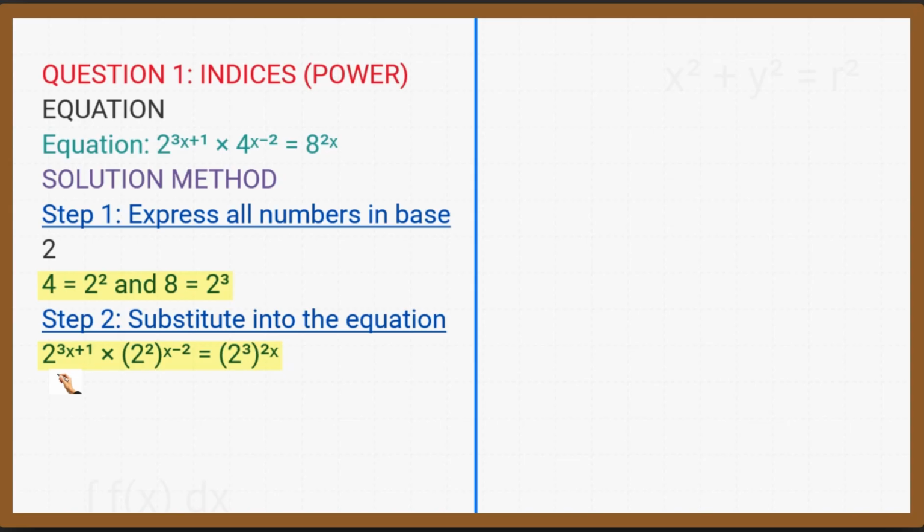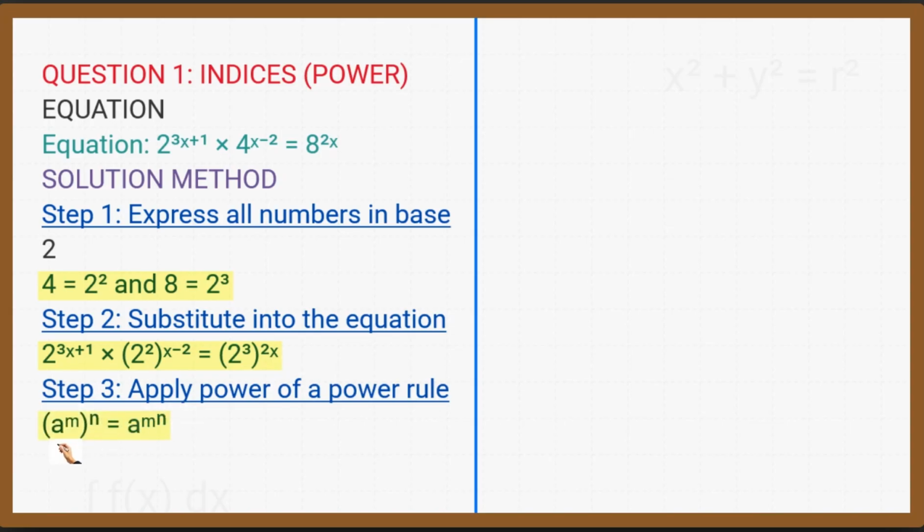Step 3. Now we apply the power of a power rule. Recall the rule. A raised to m raised to n is equal to a to the mn. So, 2 squared raised to x minus 2 becomes 2 to the 2x minus 4, and 2 cubed raised to 2x becomes 2 to the 6x.